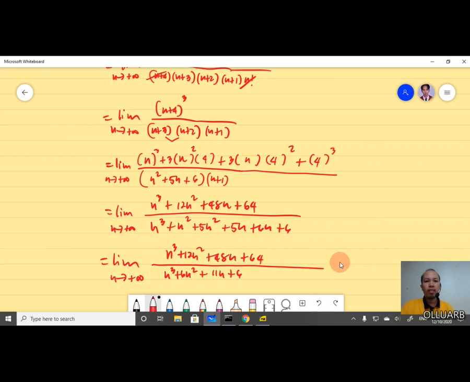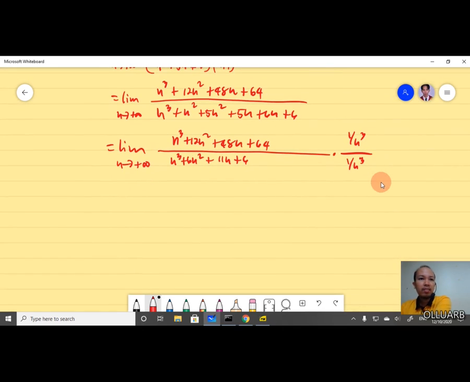From here we can multiply both sides by 1 over n cubed. Let's wait again for the program to respond. So we have the limit, I think it is 1. Okay, we have 1 here.